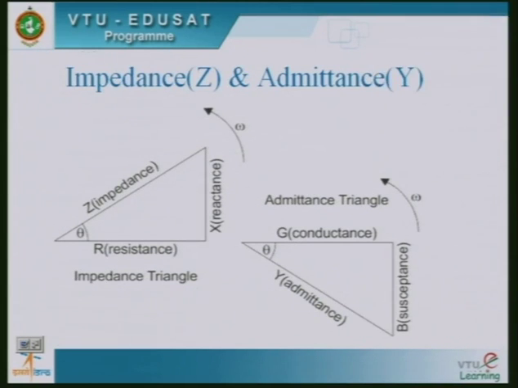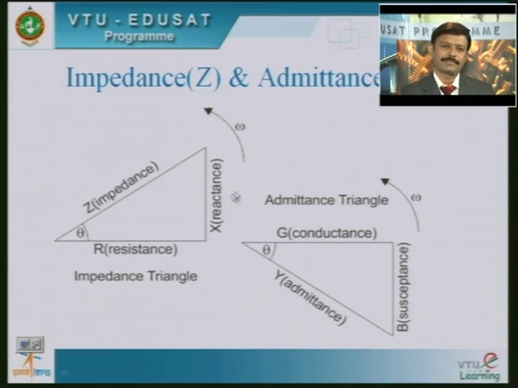Look at the diagram, the phasor diagram. Impedance and admittance are represented like this with triangles. The first one is the impedance triangle. You can observe resistance and reactance are perpendicular to each other. Its resultant will be Z. Z can be written as the square root of R square plus X square.